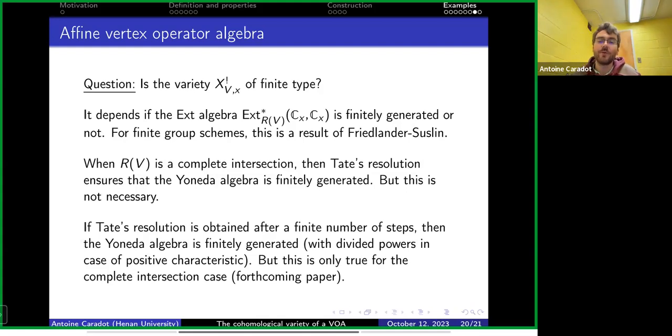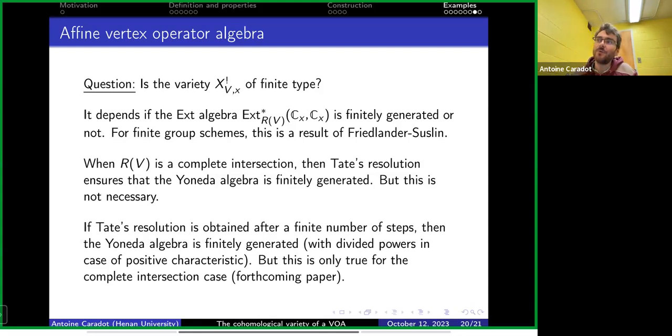It works in all characteristics, but if you have prime characteristic, you need to add some divided power structure coming from Tate's construction. But the odd part is that if it stops after a finite number of steps, then it will necessarily imply that the ring you started with is a complete intersection. So you have kind of an equivalence between a ring being a complete intersection and Tate's resolution stopping.